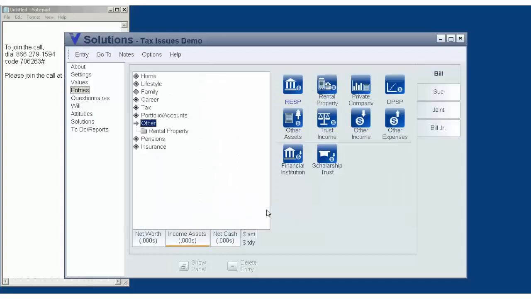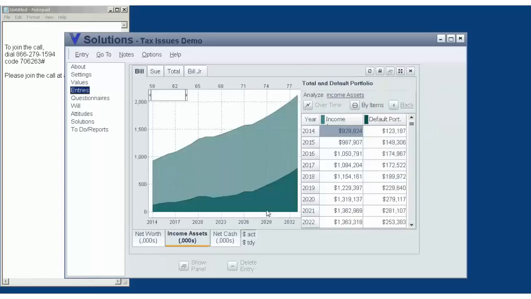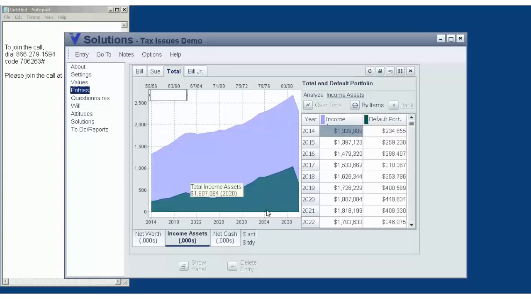And as you'll see, total income assets are now considerably higher. And I wanted to just review this again with you because when we make some changes, here we are with the total income assets now considerably higher because you've got the value of the rental property in there. So I wanted to show you this because when we make some changes today, we're going to see the impact on the income assets.